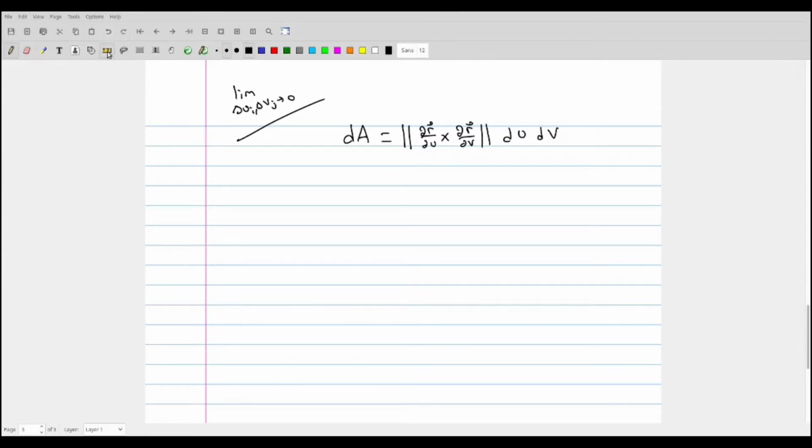And this is exactly, for any general coordinate system or coordinate transformation, how we need to change and update the area element in the double integral.